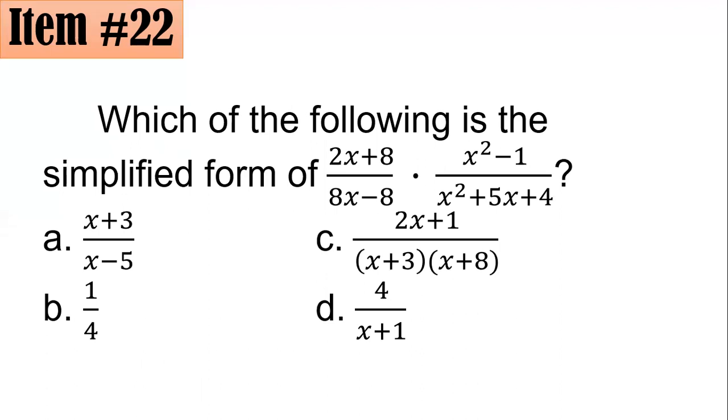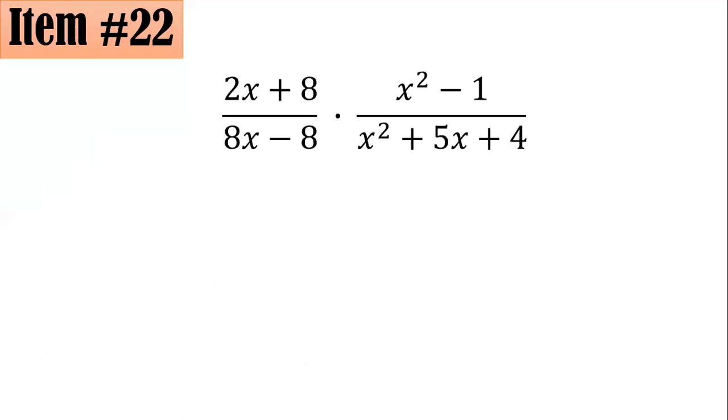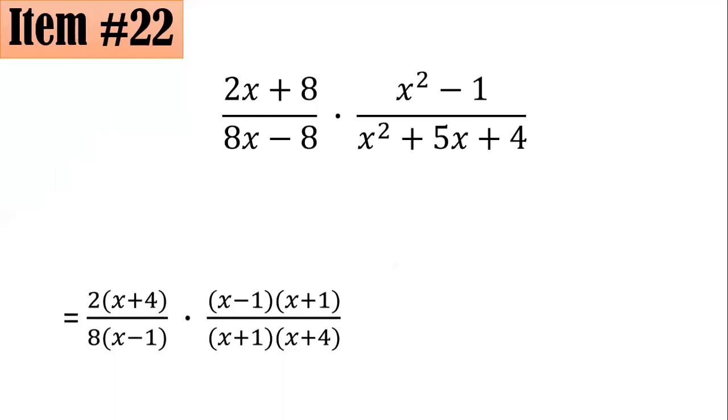If you multiply two rational expressions, we multiply numerator to numerator and denominator to denominator. However, if there are common factors between numerator and denominator, we may divide them and simplify whenever possible. So in this case, we will employ factoring.